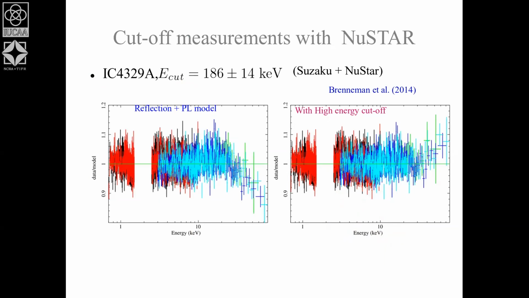This reduction in emission above 20 keV or so is the signature of the cutoff in the spectrum. If you introduce a cutoff, then you can model the data reasonably well, and that's how you measure the temperature of the corona.